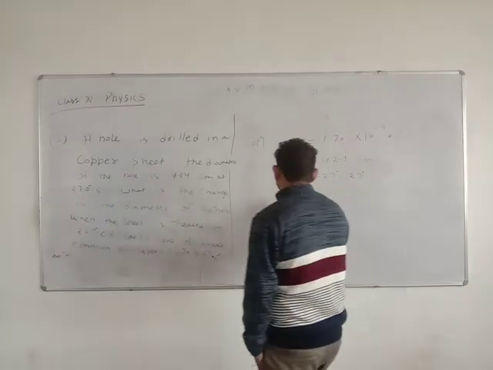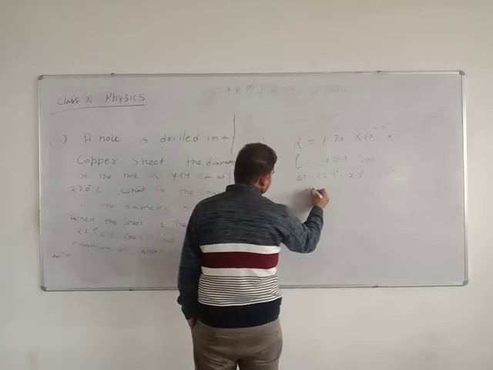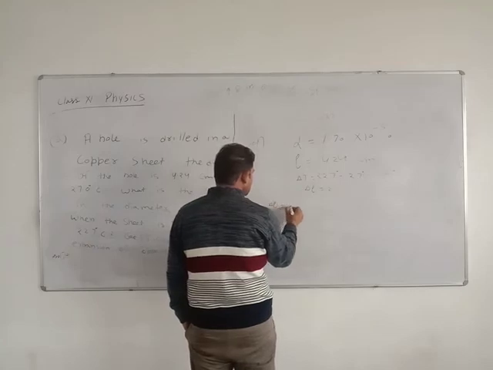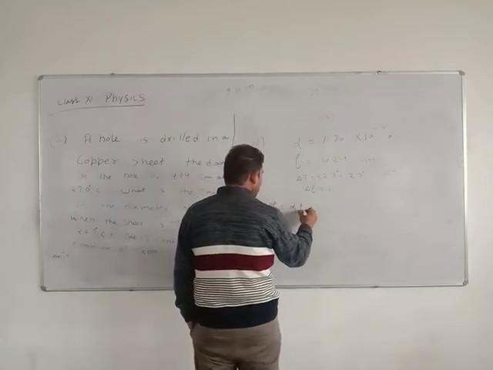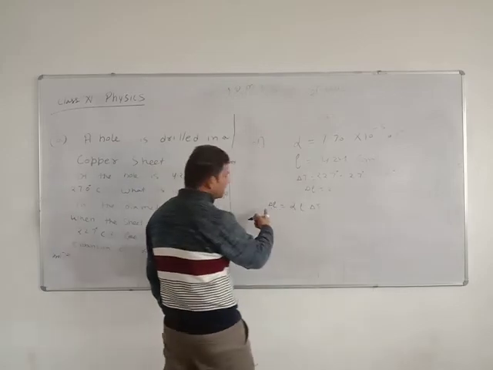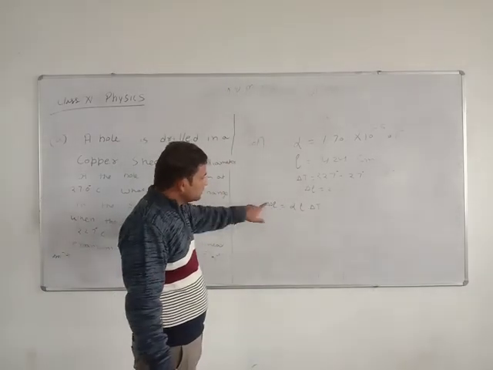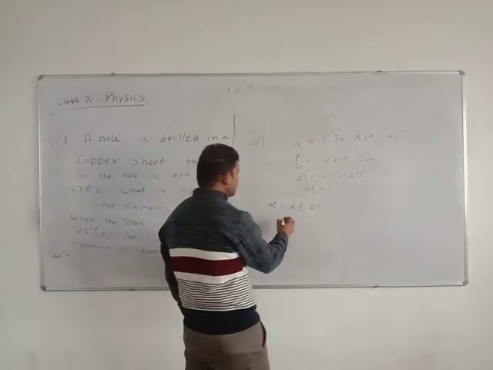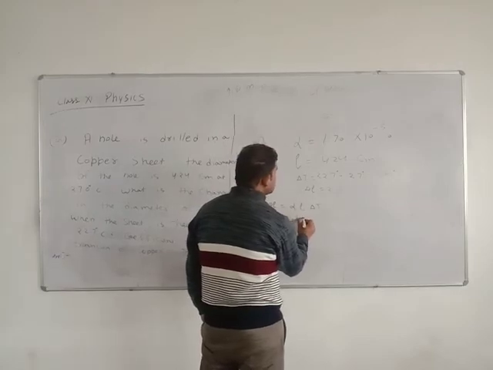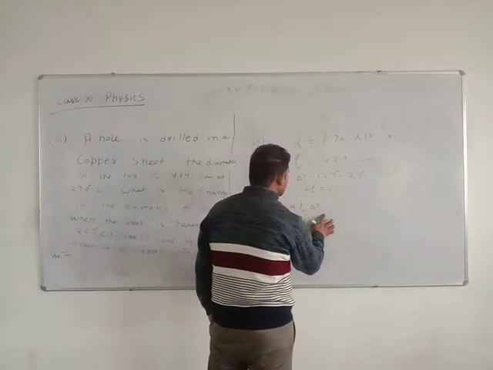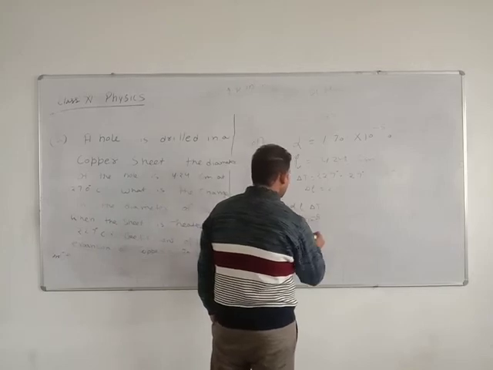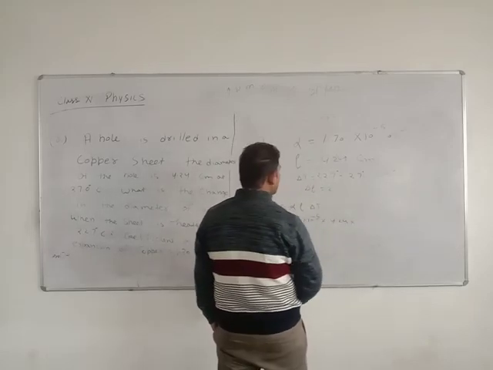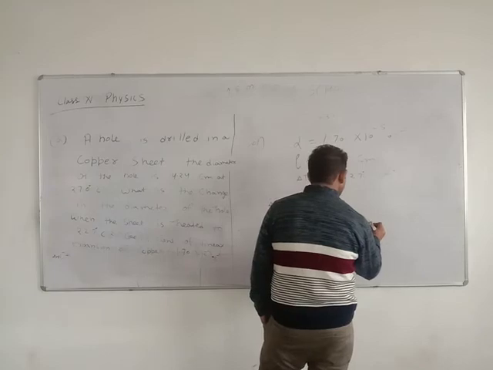So we use the formula: del L, the change in length, equals L dash minus L, which is alpha L del T. The value of alpha is 1.70 into 10 to the power minus 5, the value of L is 4.24, and del T is 200 degrees centigrade.